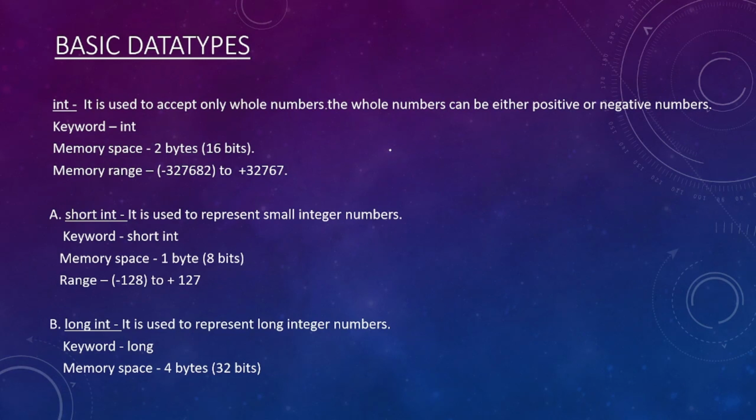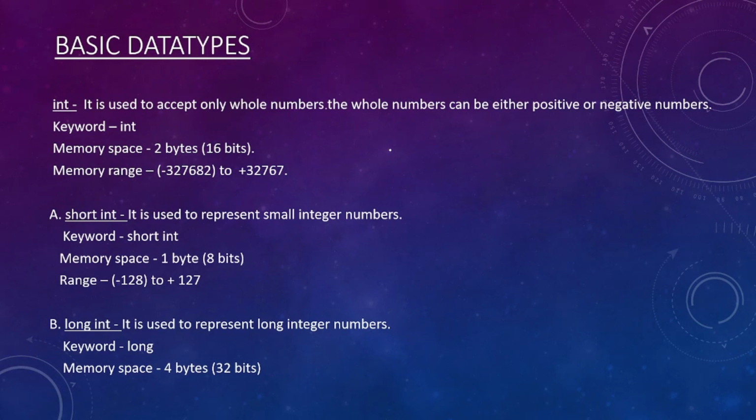Suppose you are giving the pi value, but you have declared the variable under int. What happens when you give the input as 3.14? It won't accept 3.14. It will only give you the output as 3. It won't consider the decimals.